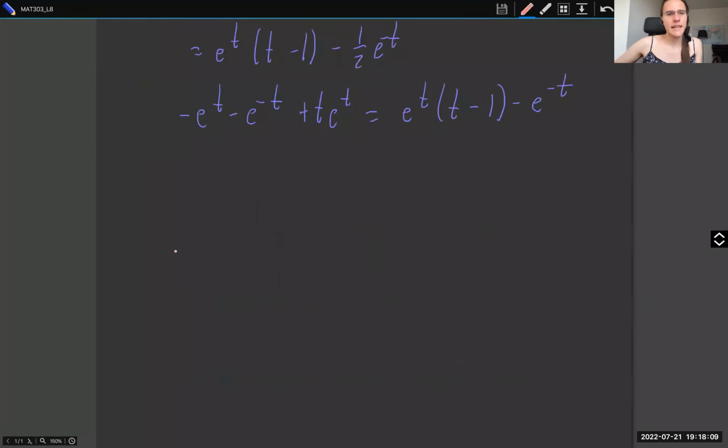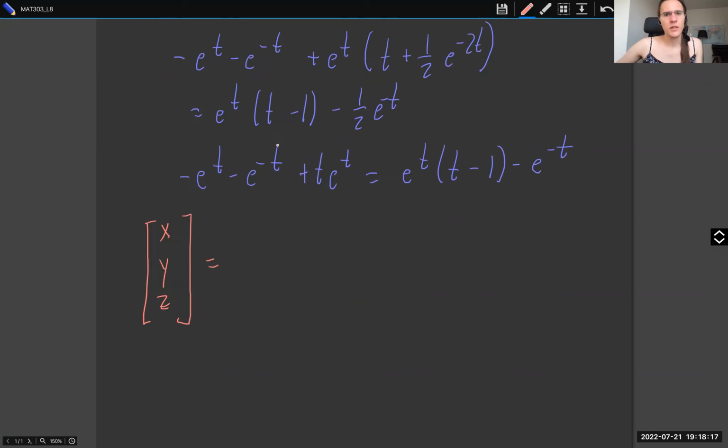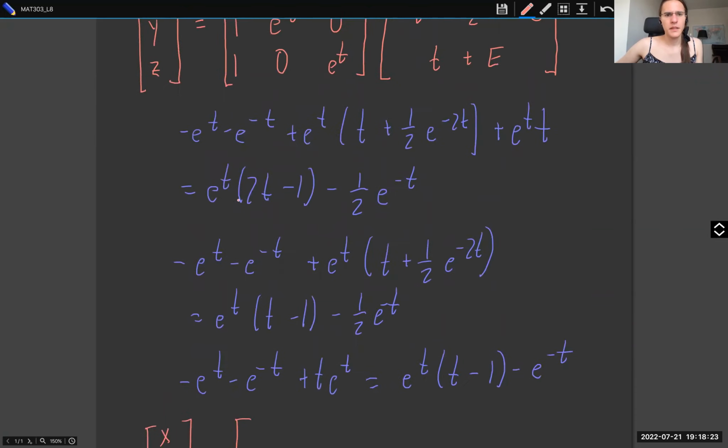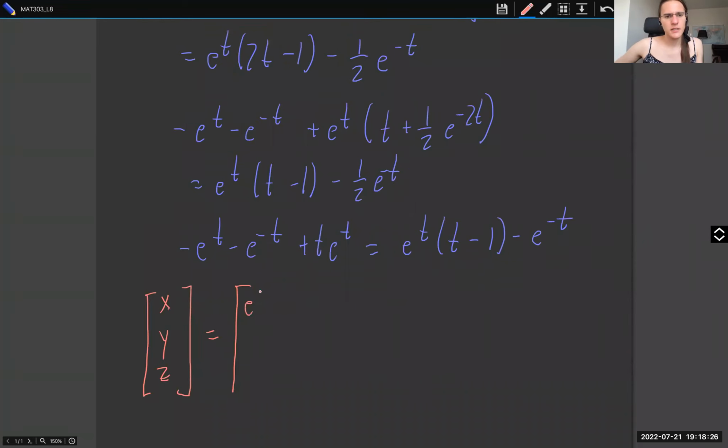So we can say that x, y, z is equal to these three things. E to the t, 2t minus 1 minus 1/2 e to the minus t, e to the t, t minus 1 minus 1/2 e to the minus t, e to the t, t minus 1 minus e to the minus t.